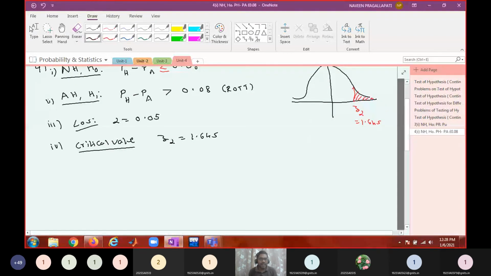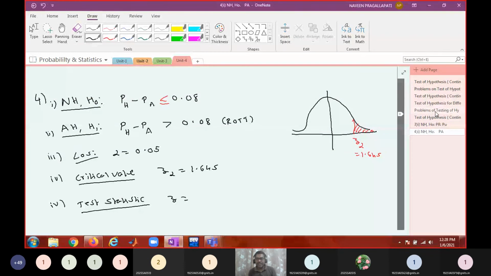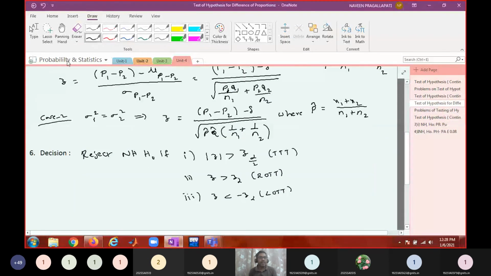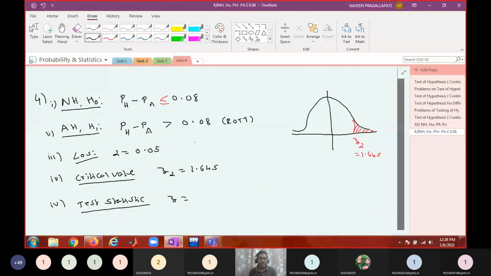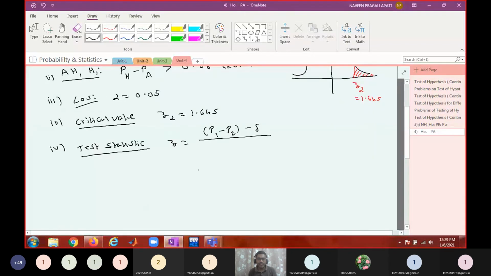So please compute the test statistic quickly. Now because delta is non-zero, instead of using the case 2 formula, I will be using this formula. Z equal to P1 minus P2 minus delta, divided by the square root of P1 Q1 by N1 plus P2 Q2 by N2.